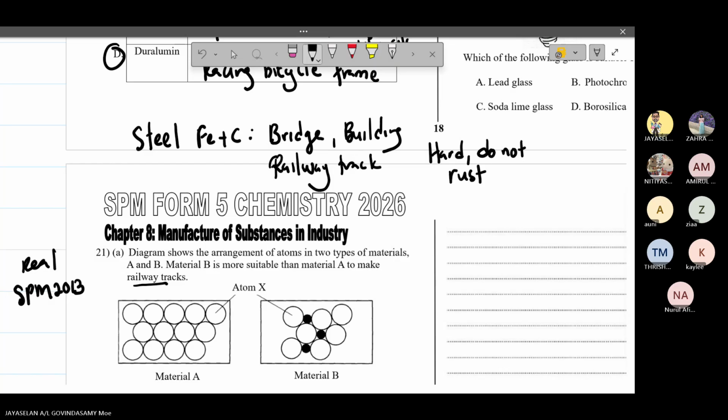Can? Write down. No, they painted it rust color. Because if they use gray, the reflection of light can hit people's eyes, then it can cause what? Accidents, all that lah.